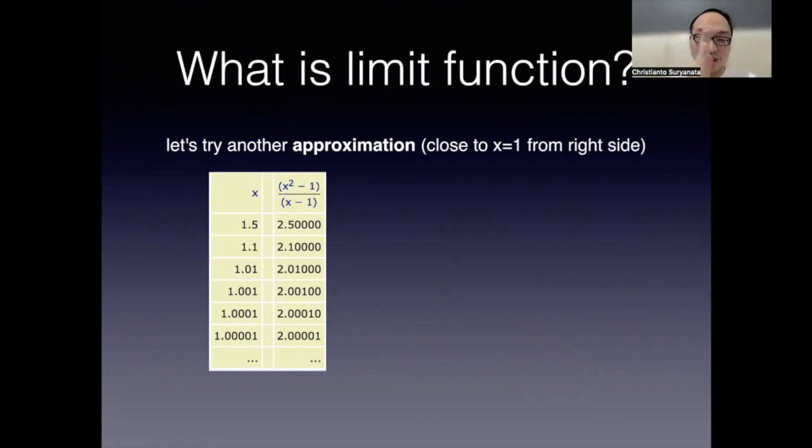And I move closer again, 1.00001, and it is close to 2. So for the limit of x approaching 1 from the right side, we have the positive superscript there. That means we see it from the right side, from values greater than 1, and x squared minus 1 over x minus 1 approaches 2 as well.